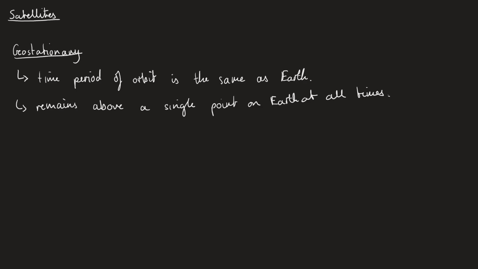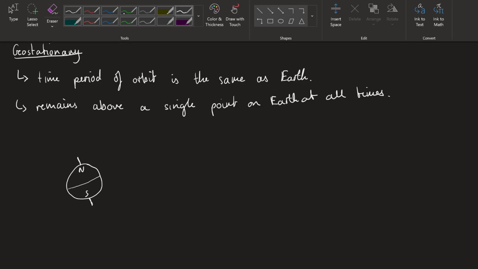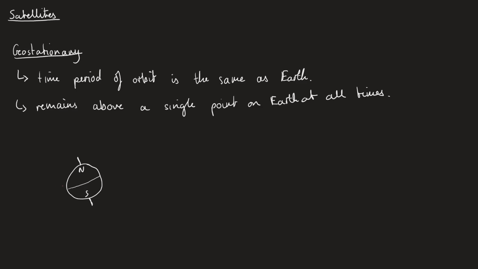So if I have, for example, let's say this is the Earth, this is the North Pole and this is the South Pole, and this is the equator, right? If I had an orbit, which I'm going to put in a red pen, if my orbit was just like this and I orbited around this circle and then I went around the back there, notice how my position on the Earth actually does change as I move around.